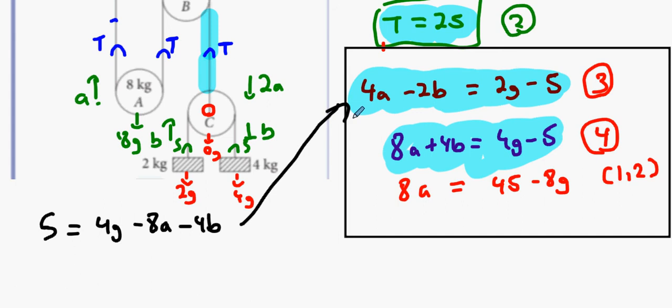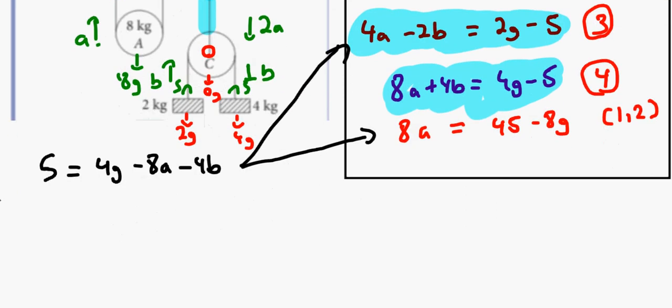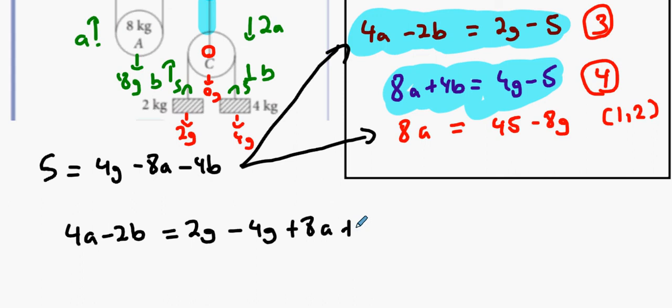to get rid of the s, and I'm going to put it into equations 1 and 2 to get rid of the s as well, hoping that this will give me something to work with. 4a minus 2b equals 2g, take away s, so whatever is here, turn it into a minus, so it's going to be minus 4g plus 8a plus 4b.